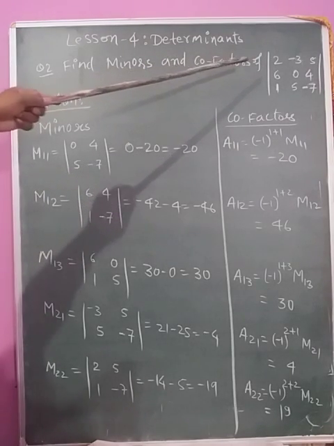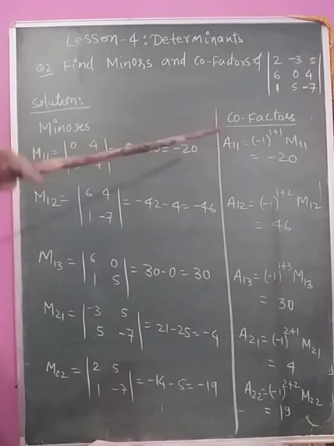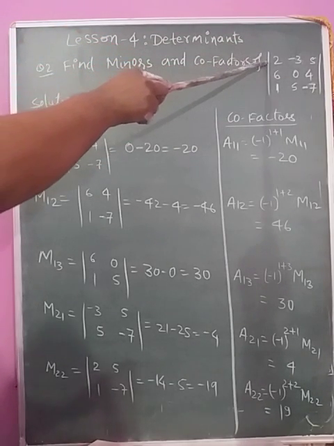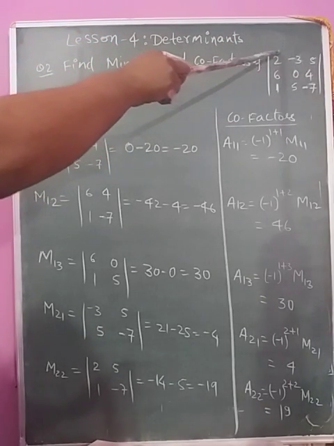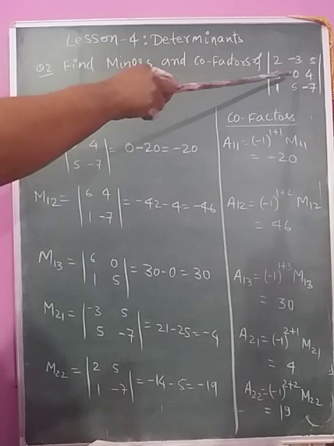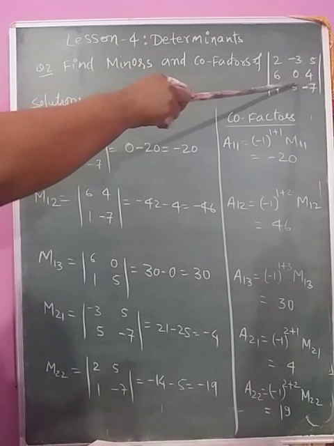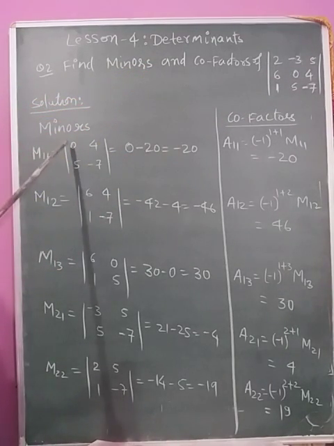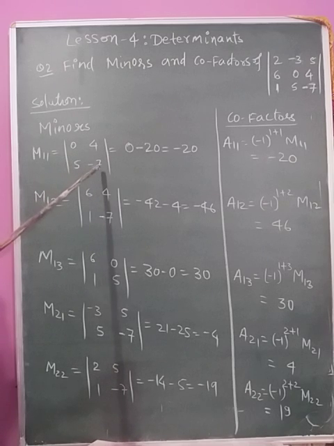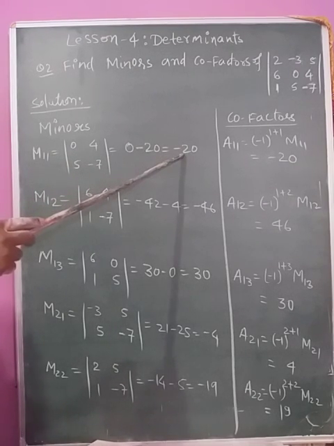After we delete first row and first column, we have 0, 4, 5, minus 7, and their determinant is minus 20.